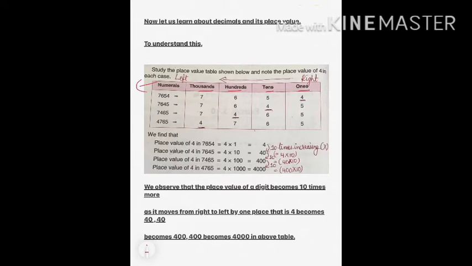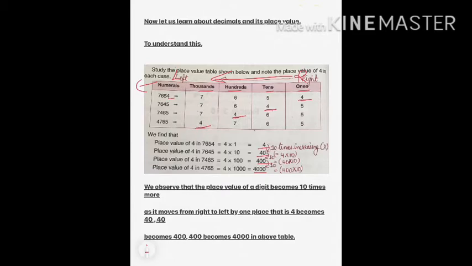When we are moving in a place value chart from right to left, take this example and focus on the place value of 4. Here the place value of 4 is ones, here tens, here hundreds, and here thousands. So the place value of 4 in the first number is 4, in the second number it is 40, in the third 400, and in the fourth 4000.